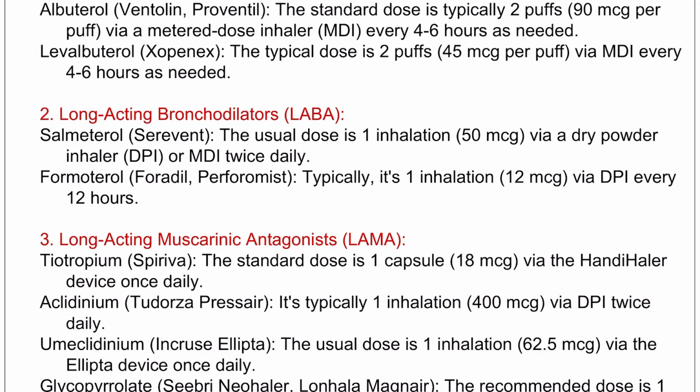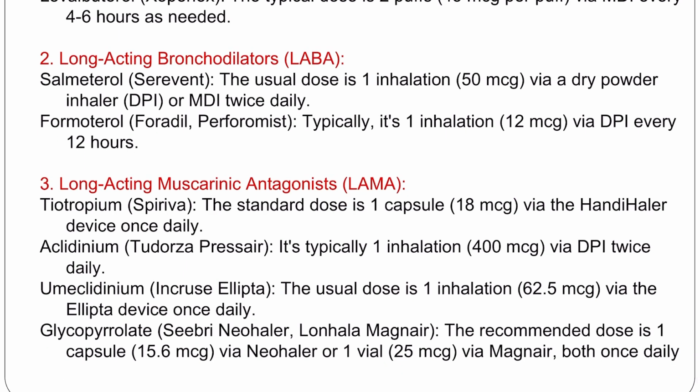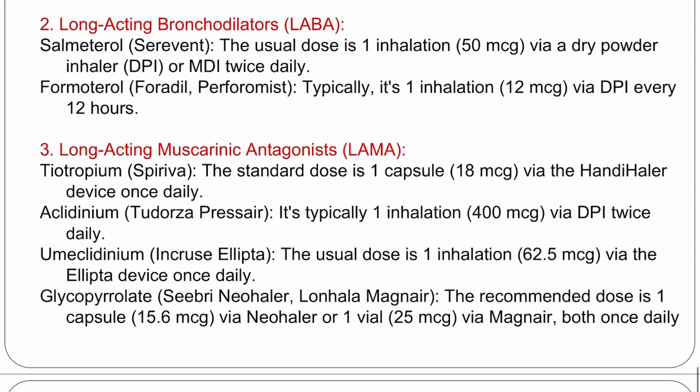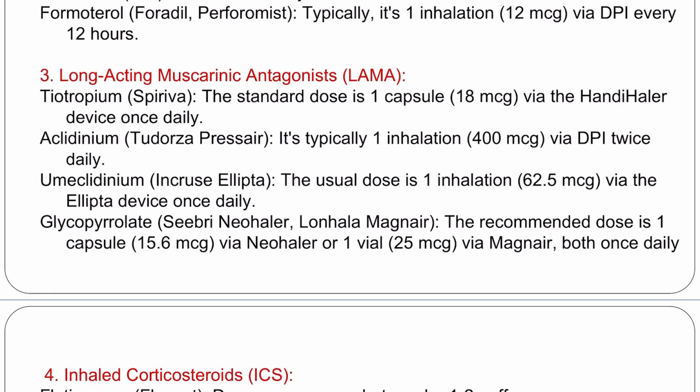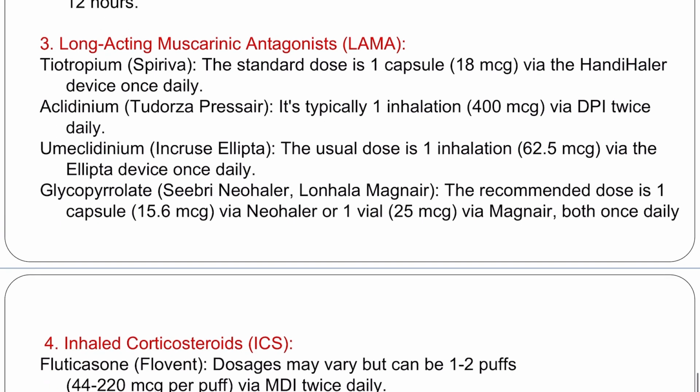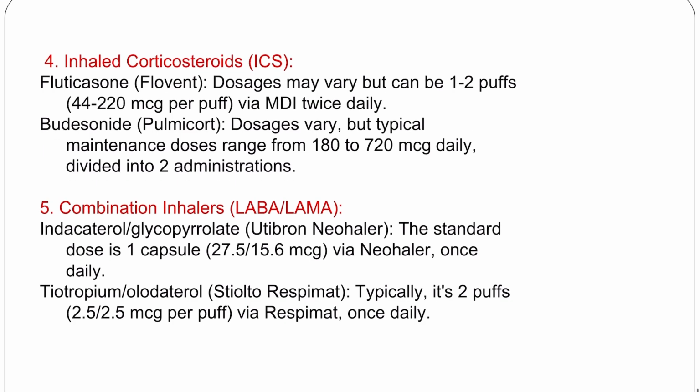We have short-acting bronchodilators, then long-acting bronchodilators, whose examples are salmeterol and formoterol. The third class is long-acting muscarinic antagonists, such as tiotropium, aclidinium, and so on. And inhaled corticosteroids, fluticasone and budesonide. These are the two which we use in COPD cases.